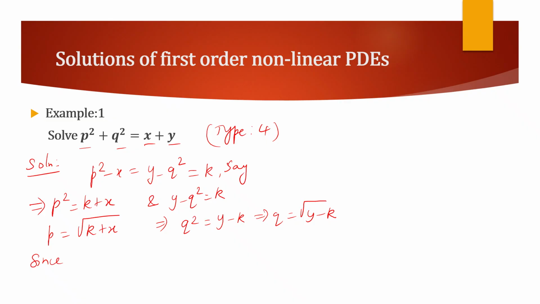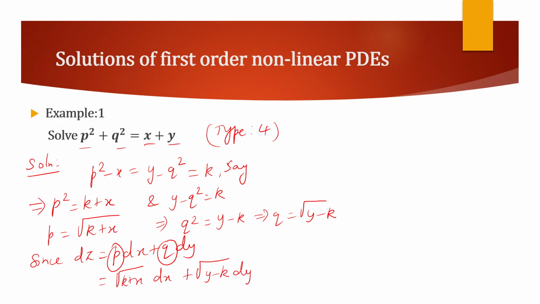Since dz is equal to p dx plus q dy, here we replace p and q, which is square root of k plus x into dx plus square root of y minus k into dy. And in the left hand side we have dz.